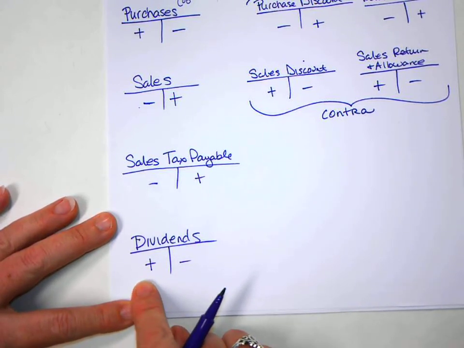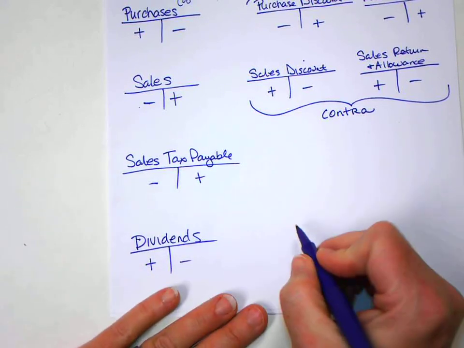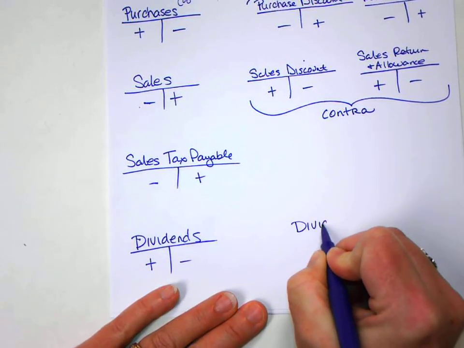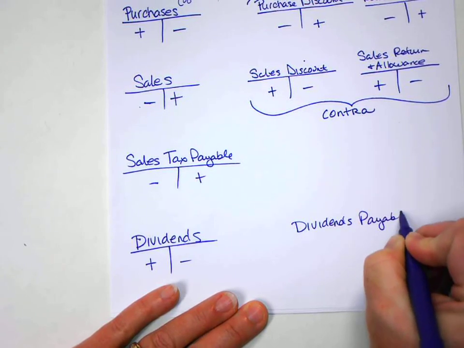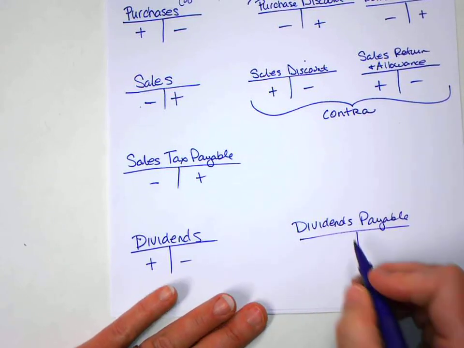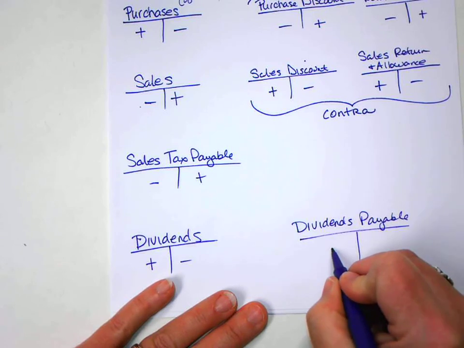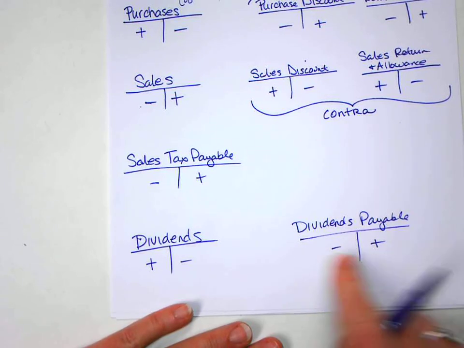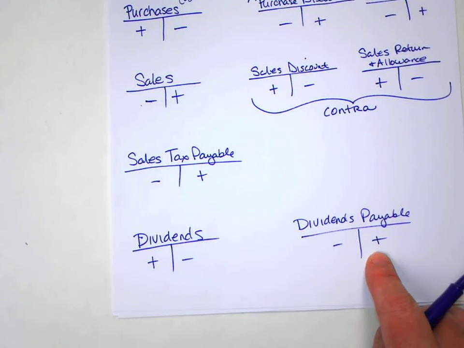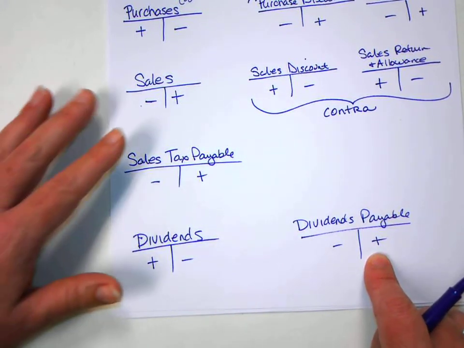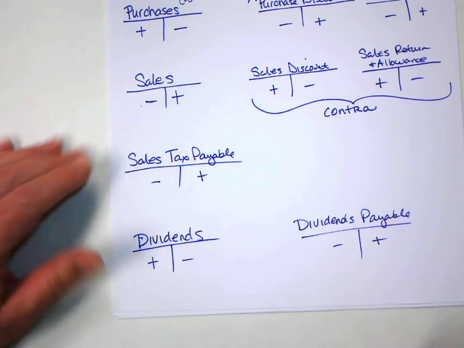Dividends is going to have a normal balance of a debit. And then when we decide that we're going to pay our stockholders, then we're going to move it over from dividends to dividends payable, which again is kind of a contra to that. And it's a payable, so you can see that we've got a credit balance there.